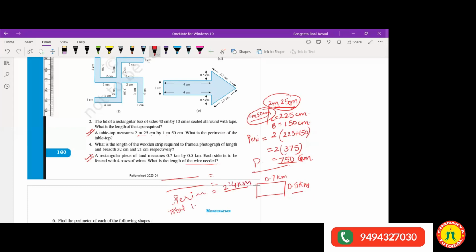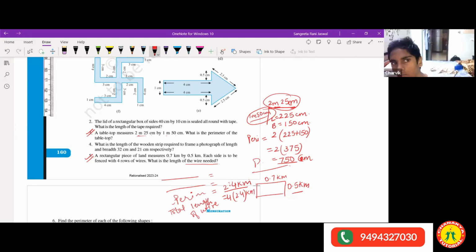Okay, so the total length of wire required for fencing will be 4 into 2.4 kilometers, right? Because the fencing is making 4 rows, like 4 times fencing is being done.